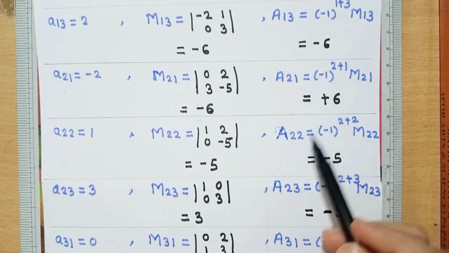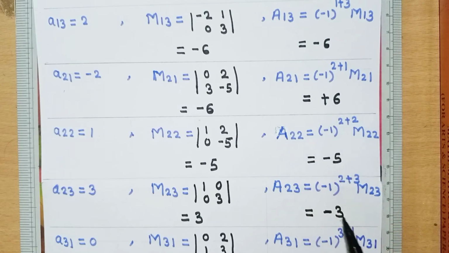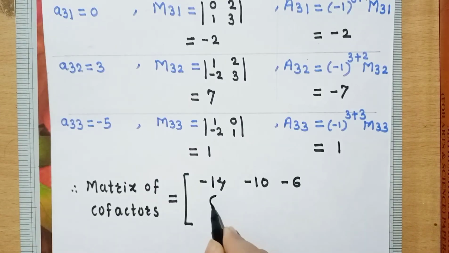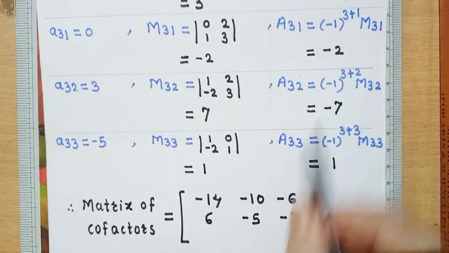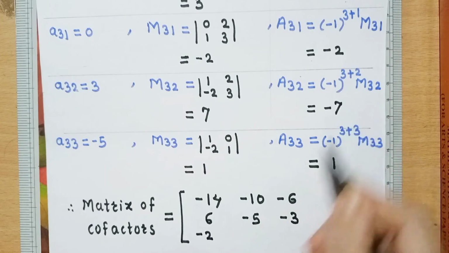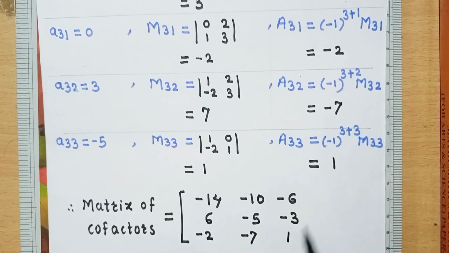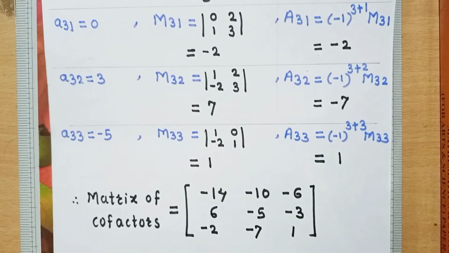A21 is plus 6, then A22 is minus 5, minus 3. We will write this in the second row: 6, minus 5, minus 3. And write down this: minus 2, this minus 7, 1. This is the matrix of cofactors.